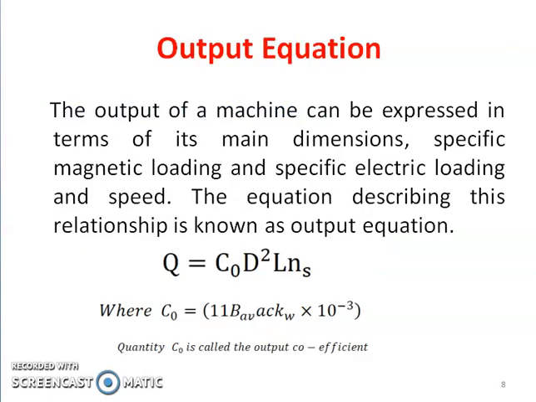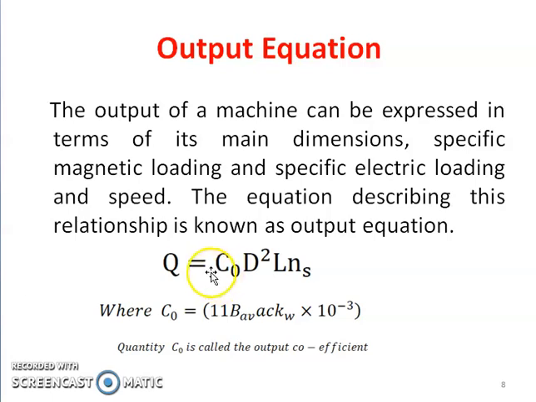So next we will discuss output equation of induction motor. The output of a machine can be expressed in terms of its main dimensions, specific magnetic loading, and specific electric loading and speed. The equation describing this relationship is known as output equation.